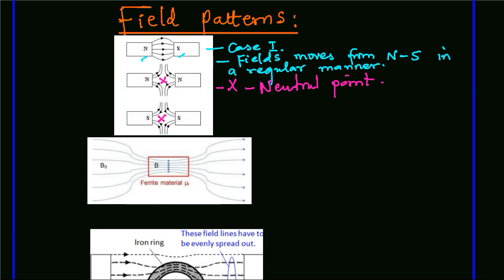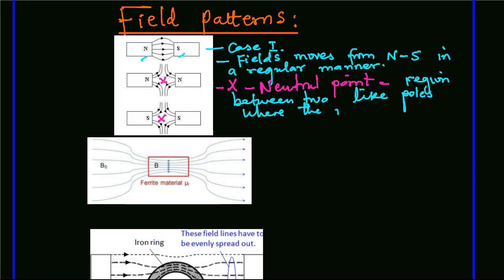Neutral point is a region between two like poles where the net magnetic field or effect is zero.